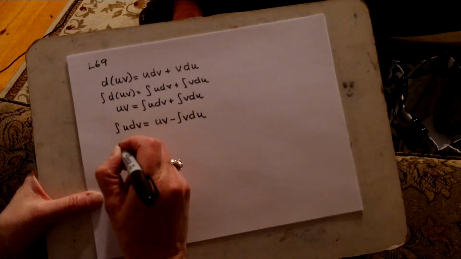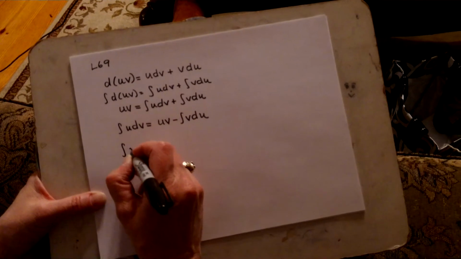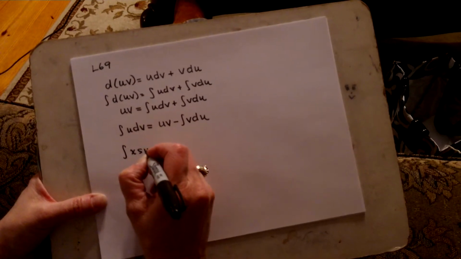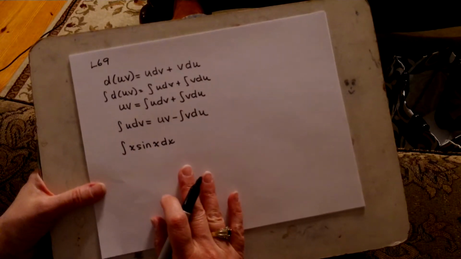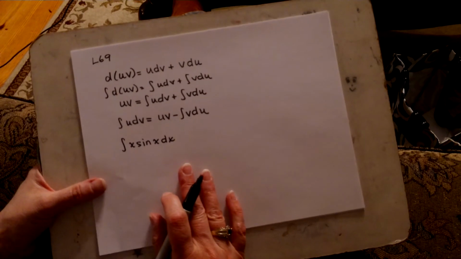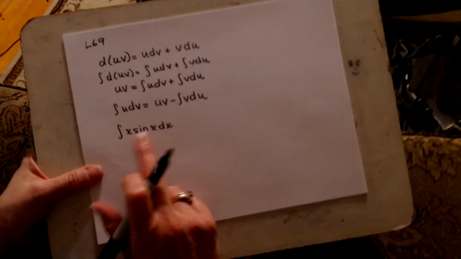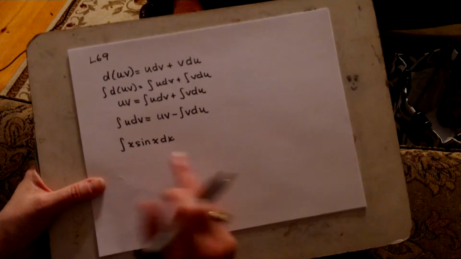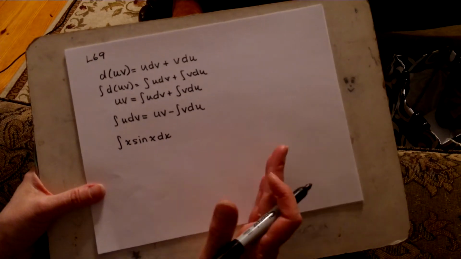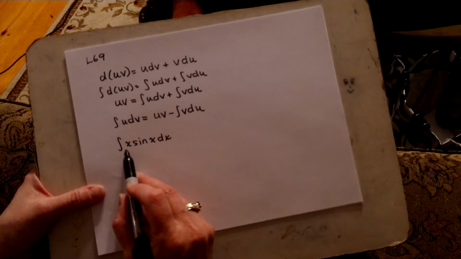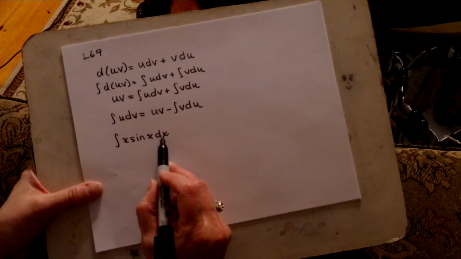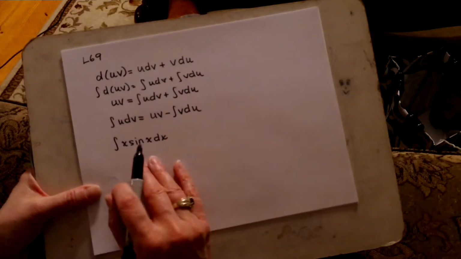So here's our first example. The integration of x times the sine x dx. So we have to label the pieces here, and we have our choice. We could label sine x as u, and we could label x dx as dv if we wanted to.